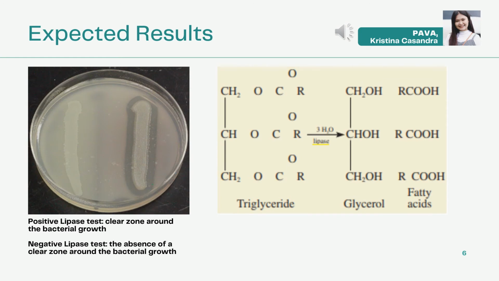Fats or triglycerides are composed of a glycerol molecule to which fatty acid molecules are covalently bonded through ester bonds. Triglycerides are primarily fat storage products in higher organisms such as animals. Some bacteria produce enzymes called lipases that cleave the fatty acids from glycerol.